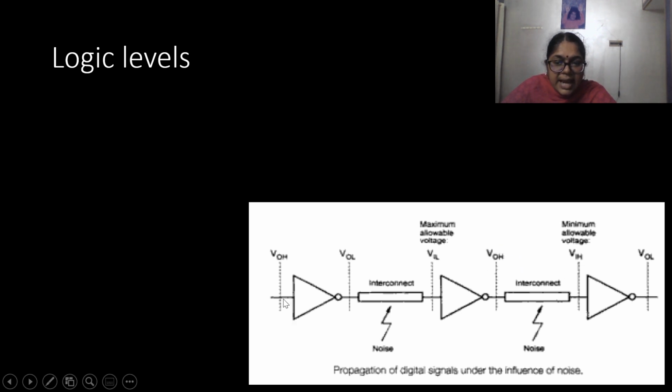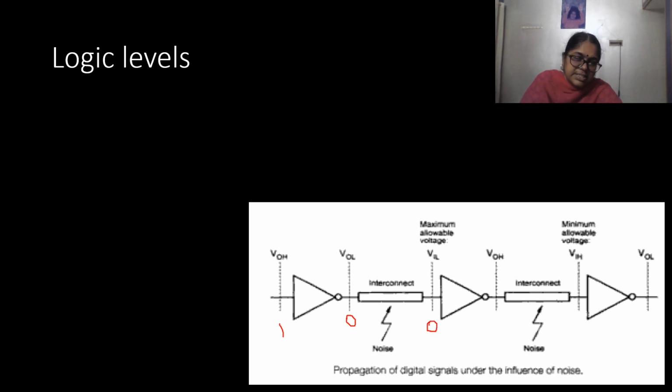That means I had given logic 1, I got logic 0. This logic 0 was transmitted through the interconnect. Still the signal should be logic 0 at the input of the gate, so that it gives me logic 1, and that when transmitted again should be logic 1 that would be given to the input of the next gate, and I should get logic 0.